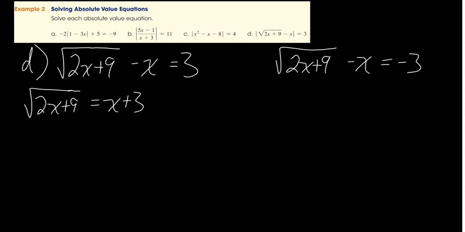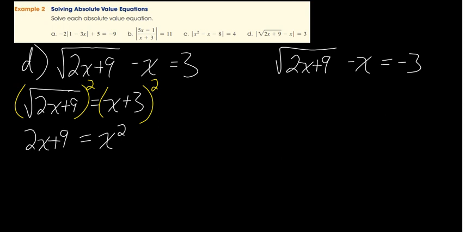And then we're going to square both sides, okay, because we need to get rid of that radical. Of course, if we square the radical, that just becomes 2x plus 9. And then the right side, again, the formulas that I told you need to memorize, it just becomes x squared plus 2ab, so it's going to be plus 6x plus 9.